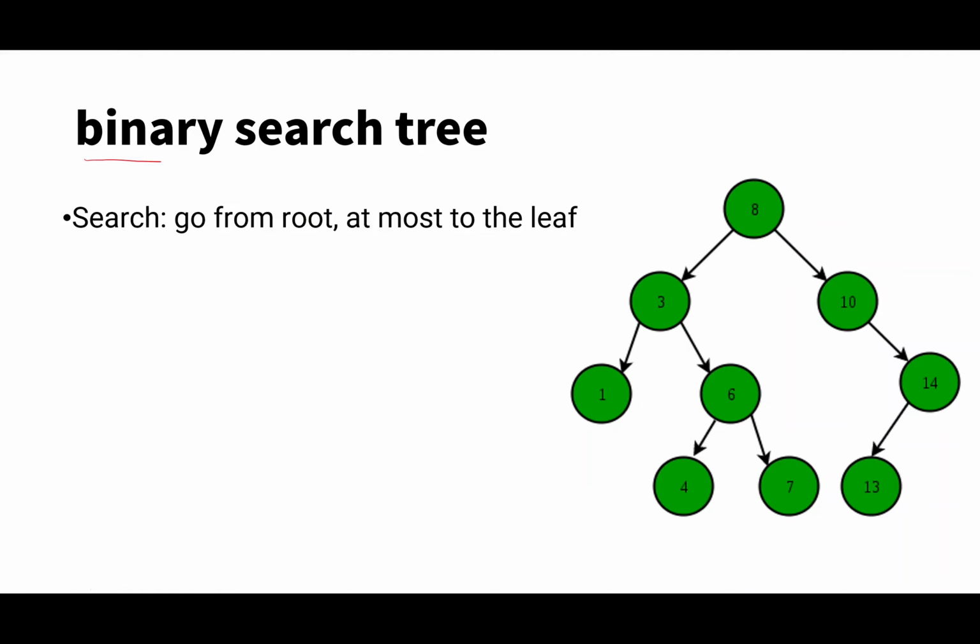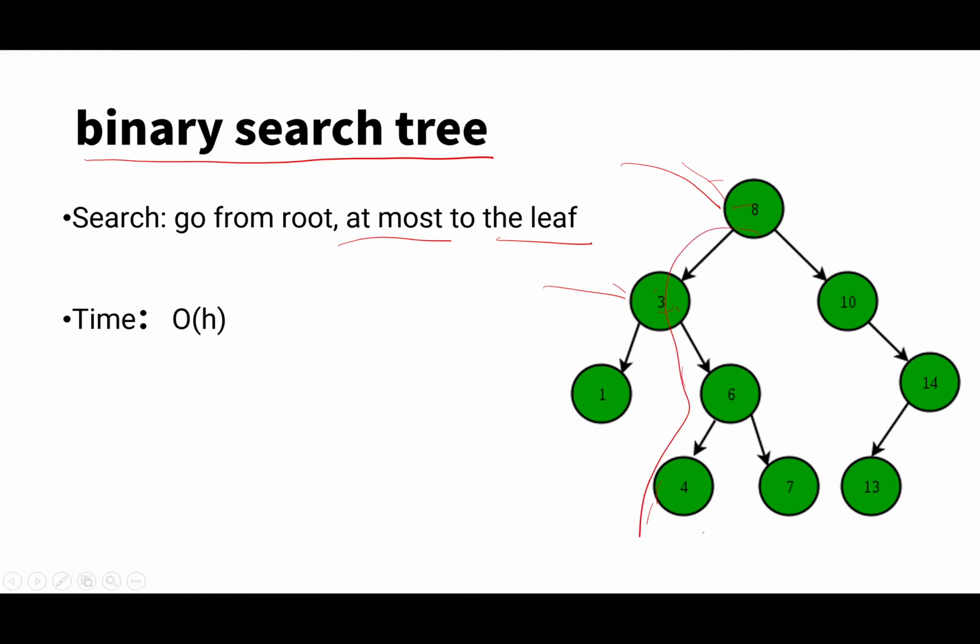So for a binary search tree, if we search for an element, we go from the root down at most to the leaf. If we search for 3, we compare just 2 times, then we find it. If the element is not in the tree, we may go from the root to a leaf. So the time is the height of the tree.